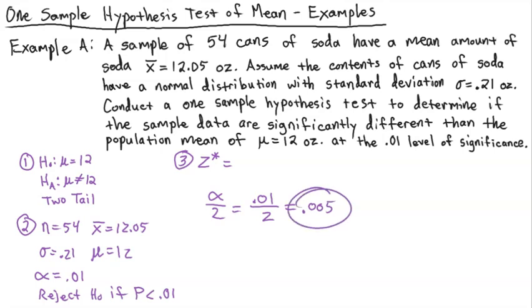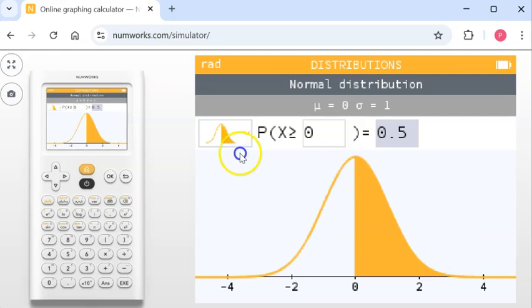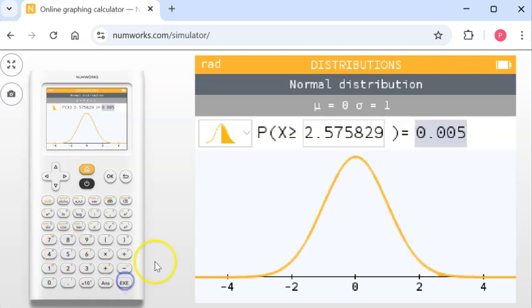So this is the number that we're going to put in to the NumWorks calculator. So we're going to go all the way to the right over here. We're going to put in 0.005, execute, and then we get 2.575829.